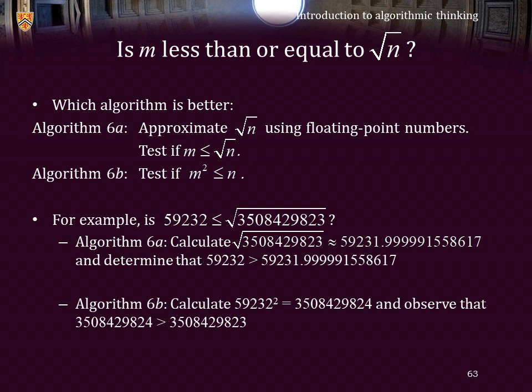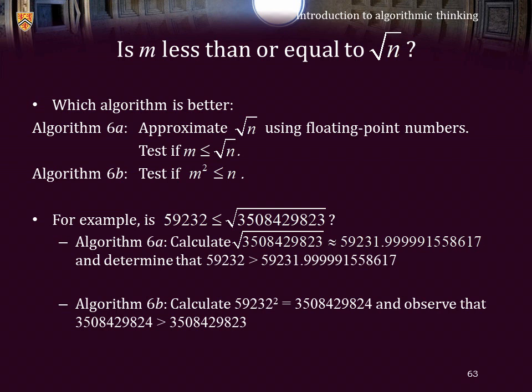The first algorithm requires you to do a numeric approximation. The second requires you to do an integer multiplication. Integer multiplication is a lot faster, and it is exact, whereas the square root is only an approximation. So consequently, you should determine that algorithm 6b is better than algorithm 6a, and much more preferable under almost all circumstances.